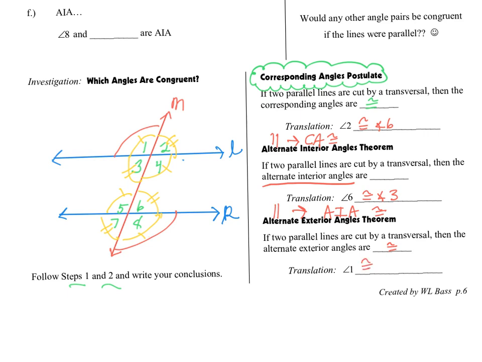And so therefore, angle 1 is congruent to angle 8. Parallel lines imply alternate exterior angles are congruent. And so now we have 1, 2, 3 more things to add to our note cards.